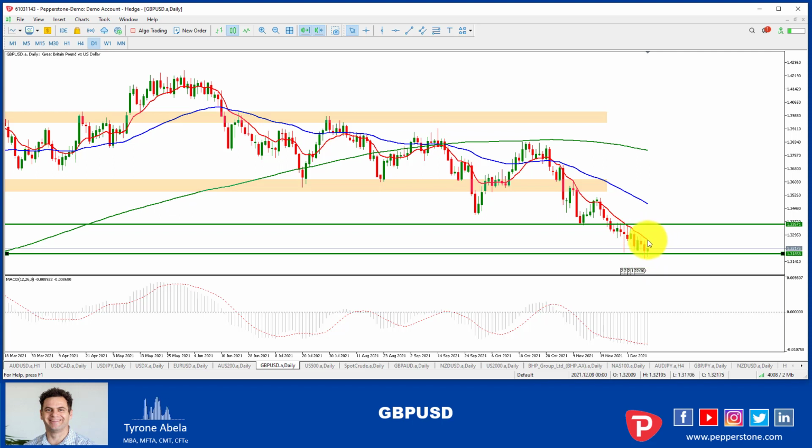Wait for a daily break above the 20 moving average, and then I think we've got some good movement up. It may not be the big catalyst that's going to turn it around and take it back to the 140s, but we can definitely see some good movement up and potentially test the 133.50 and even higher, and maybe get it back into the 136s, which we know is a very strong and important zone for it.